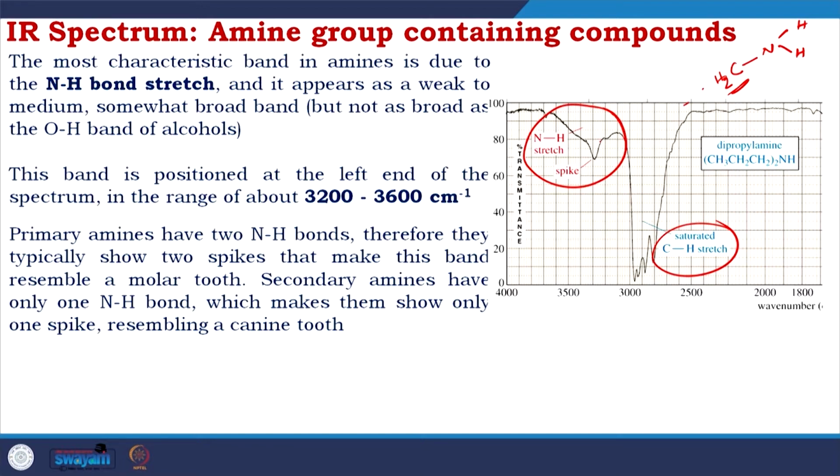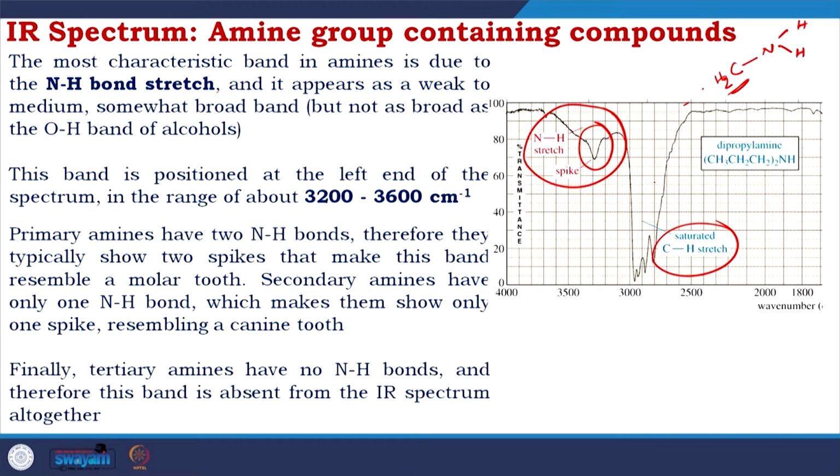Secondary amines have only one NH bond, which makes them show only one spike resembling a canine tooth. So, you could differentiate between primary and secondary amine. Finally, tertiary amines have no NH bond and therefore, this band is absent from the IR spectrum altogether.